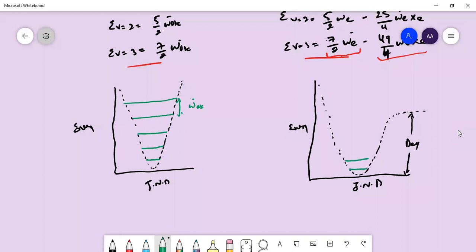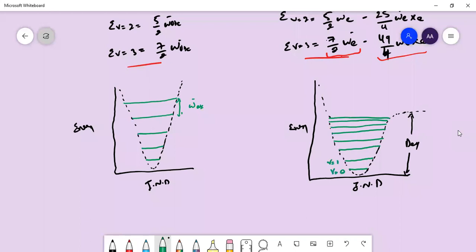So we will not get a similar gap between the energy levels, and the energy gap decreases as the vibrational quantum number increases up to the level of our dissociation energy. So the energy gap between successive energy levels decreases like this as the vibrational quantum number increases.